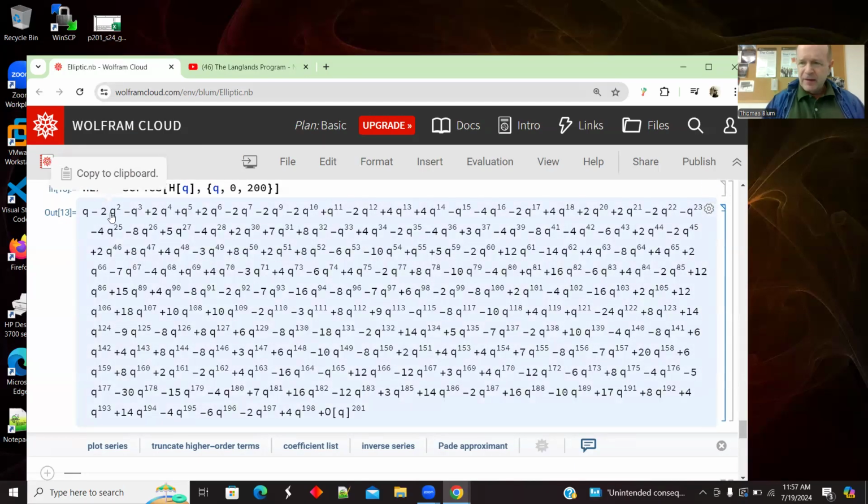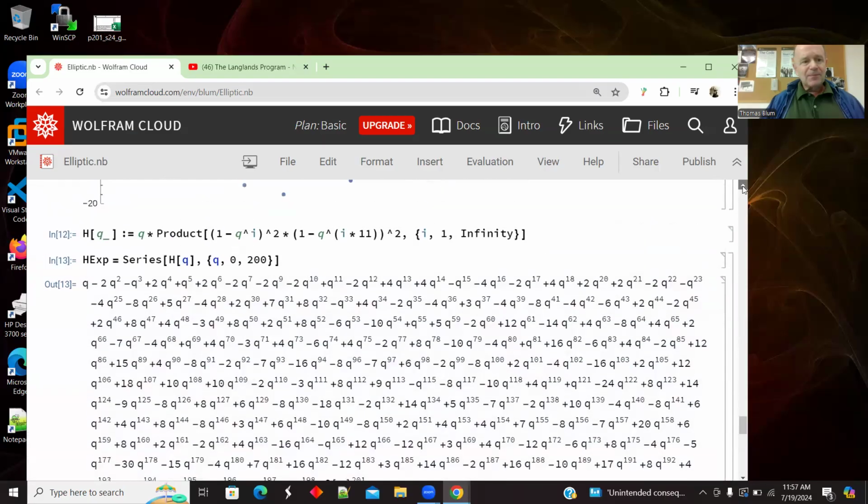But again, this coefficient here is this AP, this prime minus the number of solutions. So for 2, it was 2 minus 4, minus 2. For 3, it was 3 minus 4, minus 1. And over here for the 5, it was 5 minus 4, plus 1. So this generating function harmonic thingy with the 11th powers floating around seems to somehow be related to this counting problem of the solutions.